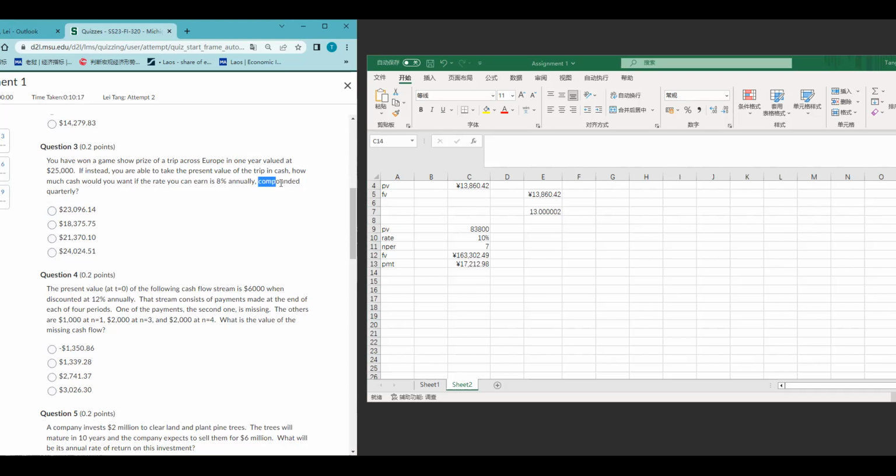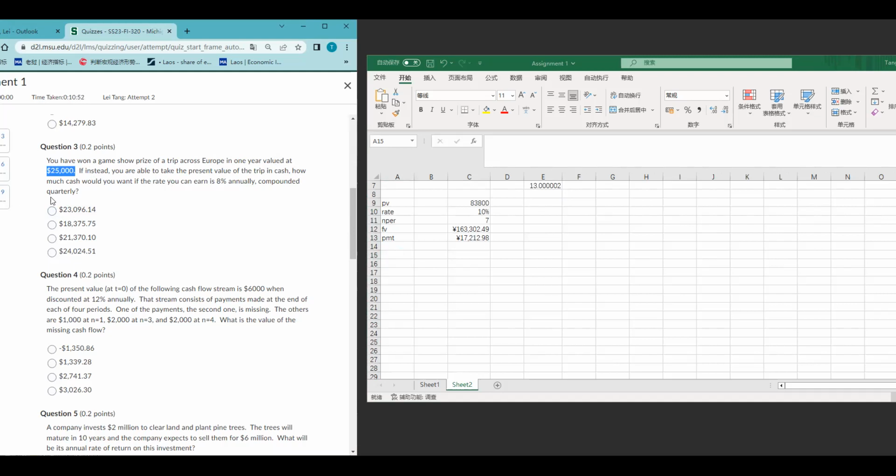But be careful. We see this: the compounding is quarterly. Which means that this case will pay you quarterly. So first, we know the trip value was 25,000.